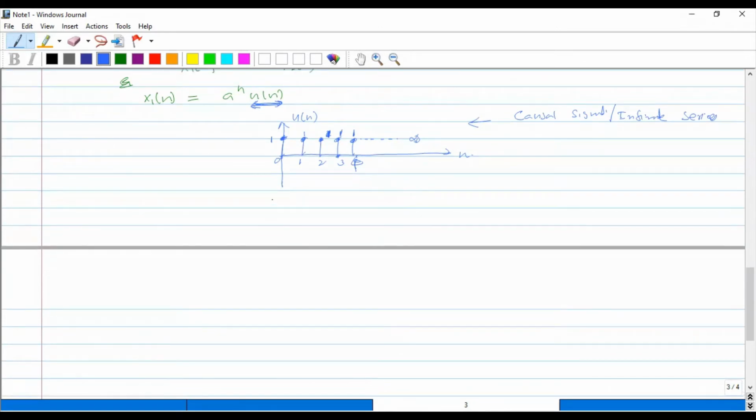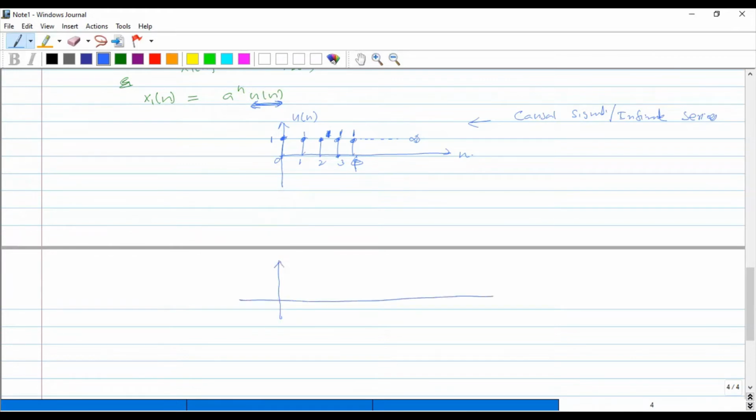Next we will try to draw the a^n sequence as well.